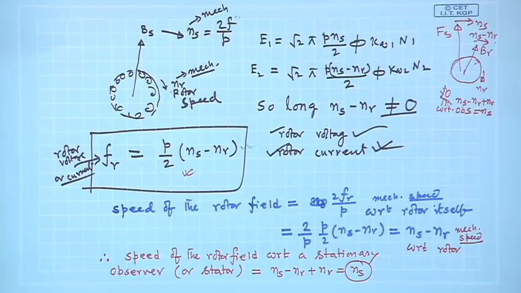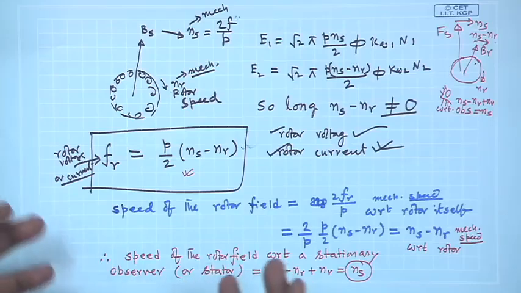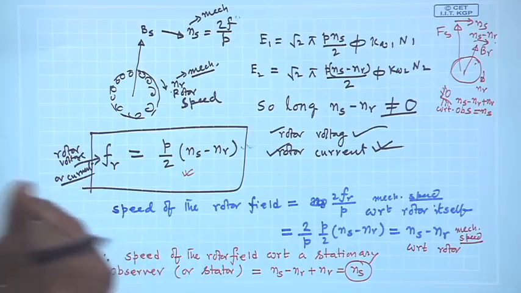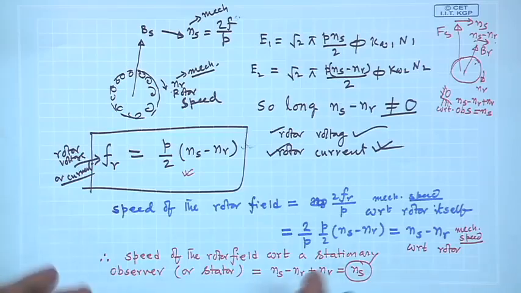Therefore, it is expected the machine will develop a torque, as you have successfully created two fields. And a fixed observer, no matter wherever he is seated, may be moving with some speed, 1000 rpm, but he also should conclude that these two fields are moving at the same speed. So, we have taken conveniently a stationary observer, and the conclusion is that it will move with speed Ns.